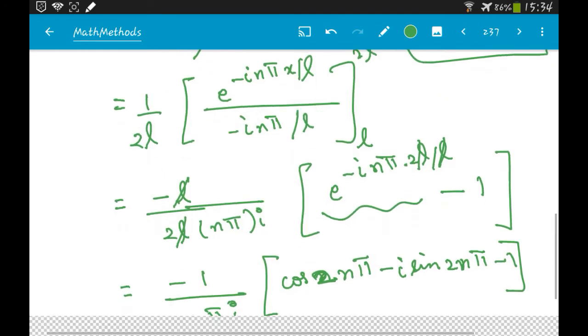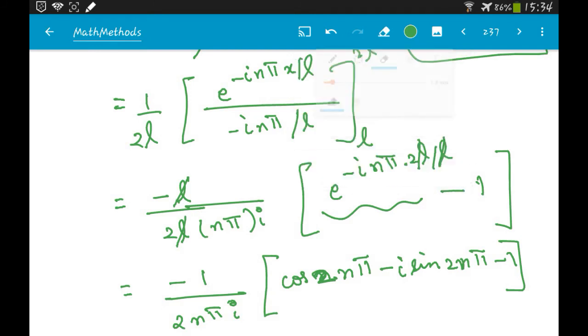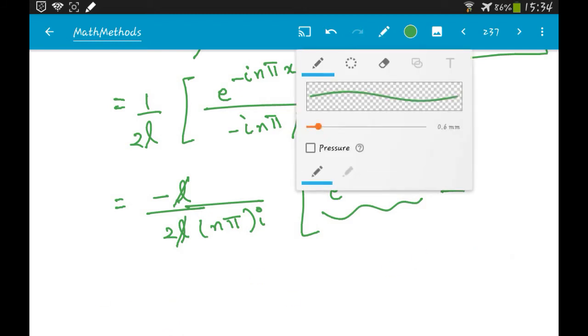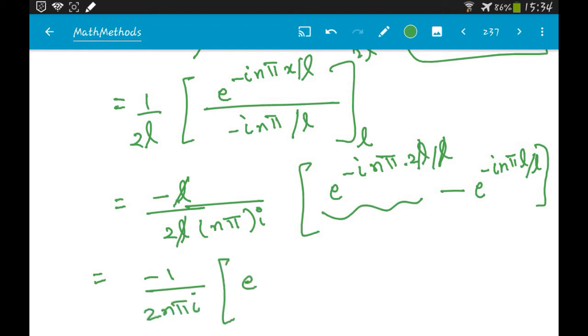So this will be e power minus i n pi L by L. Okay, so we are going to get minus 1 by 2n pi i e power minus i 2n pi minus e power minus i n pi.